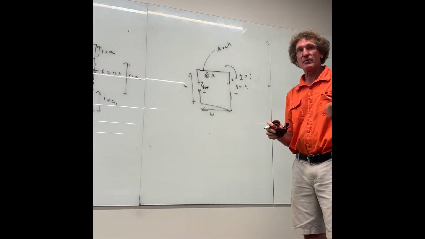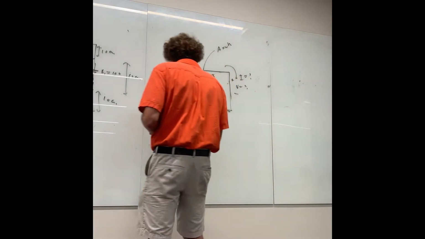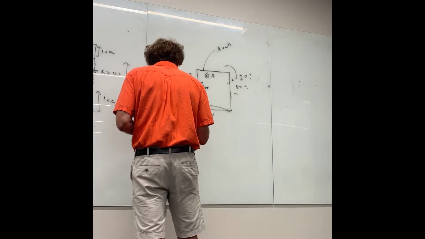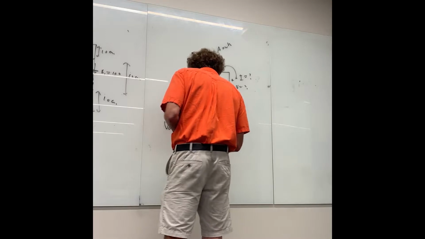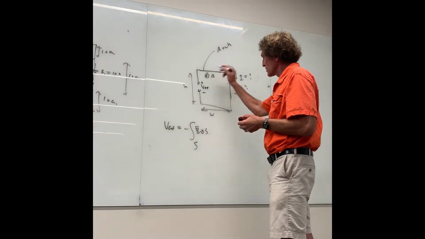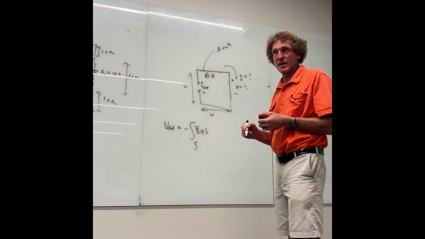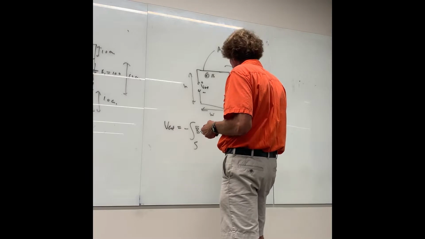If you do it this way, you won't get confused. Now that voltage right there, V_EMF, the way I've drawn it, is equal to minus the integral of B dot ds over the surface, where the loop is the perimeter of the surface. Understand, everyone?